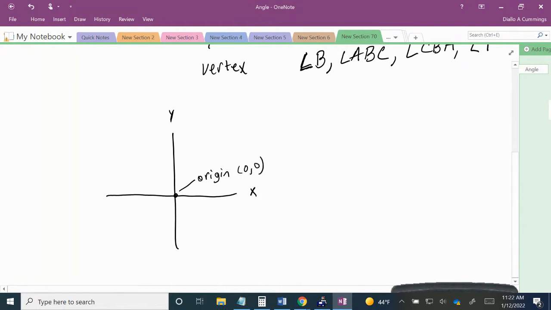The two axes also split our plane up into 4 different regions. We call these quadrants. The top right quadrant is Q1. The next quadrant over is Q2. We have the bottom leftmost as quadrant 3, and the bottom rightmost as quadrant 4.